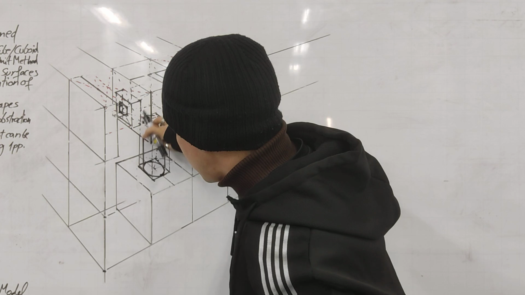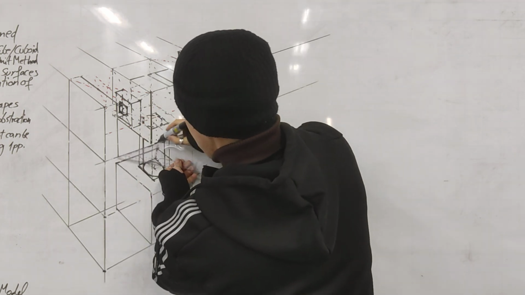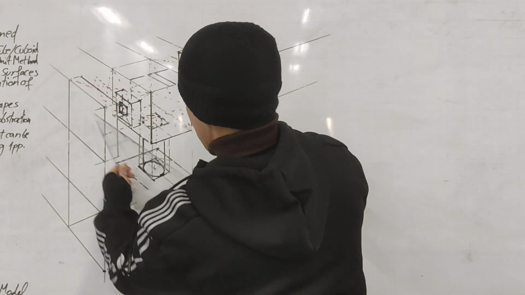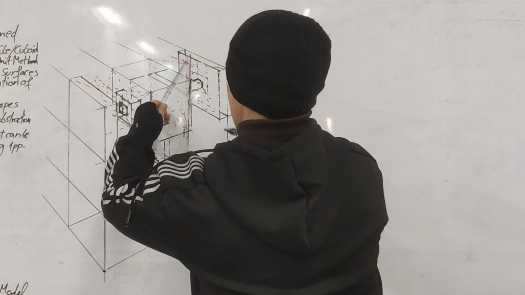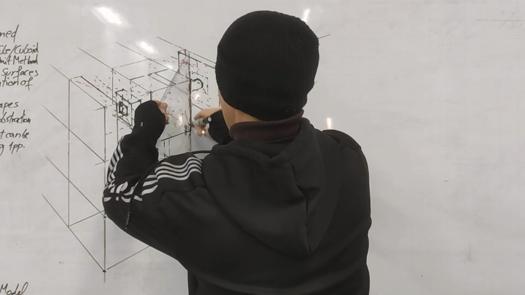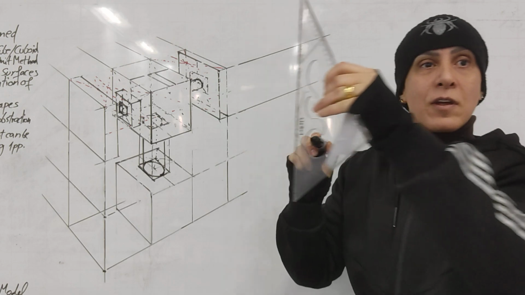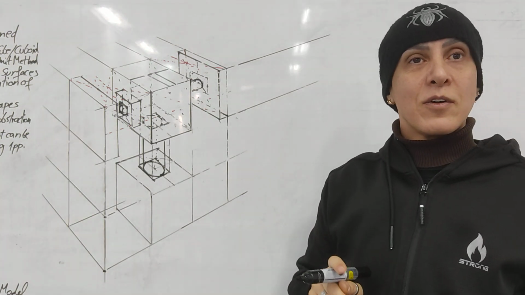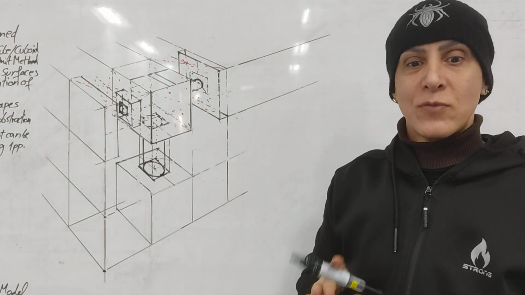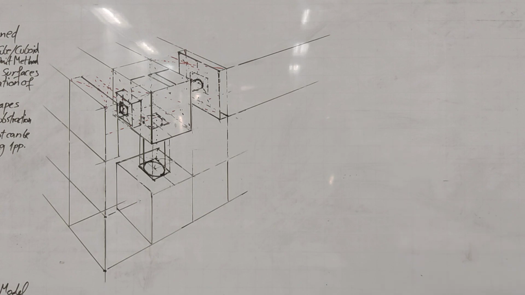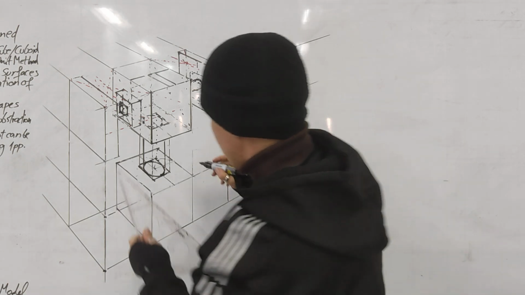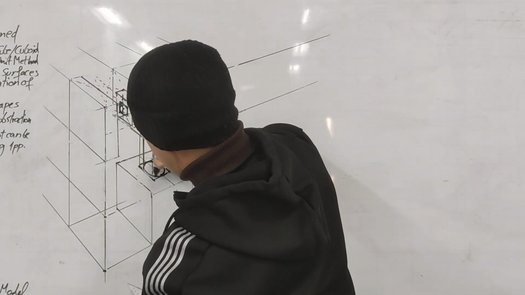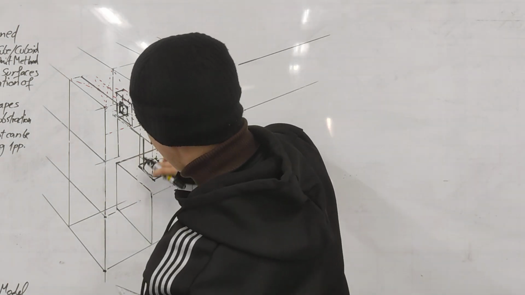All we see is this coming out from here. So this is here the location of the circle. This is here at the back.